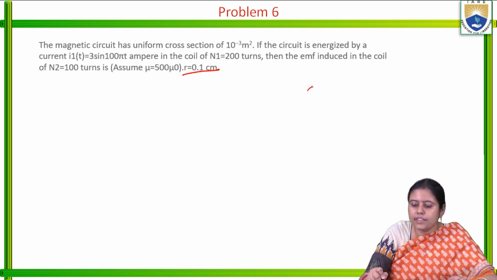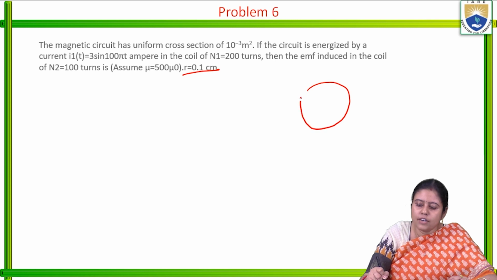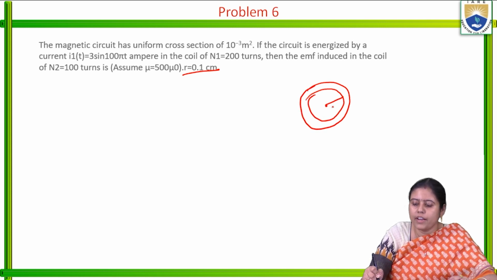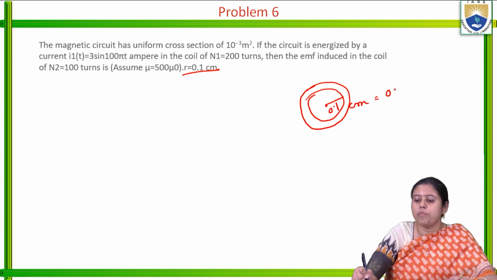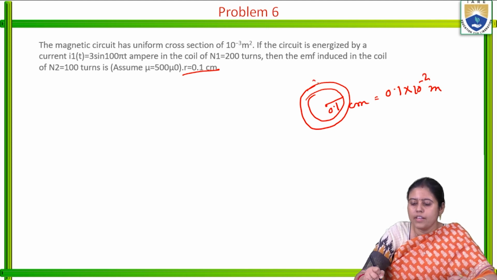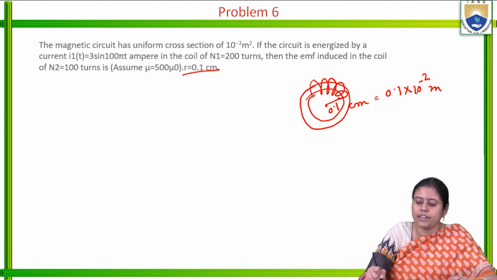So we can think this is a circular path whose radius is given as 0.1 into 10 to the power minus 2 meter. Some conductors are mounted on it.